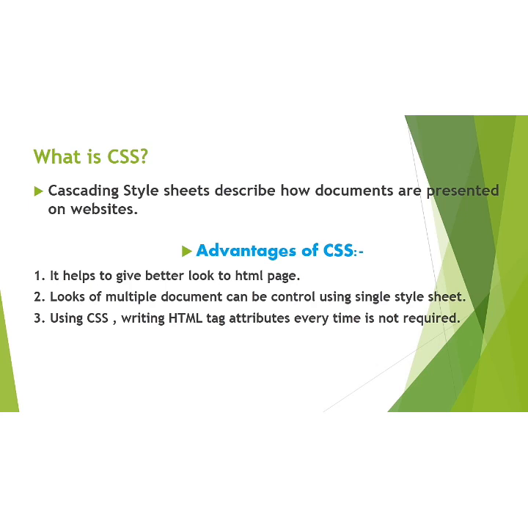What is the advantage? The main advantage is just to make the page look attractive, right? Now, if the things we want to apply on our software or the web sheet, then we use CSS, that is Cascading Style Sheet. It describes how documents are presented on websites.